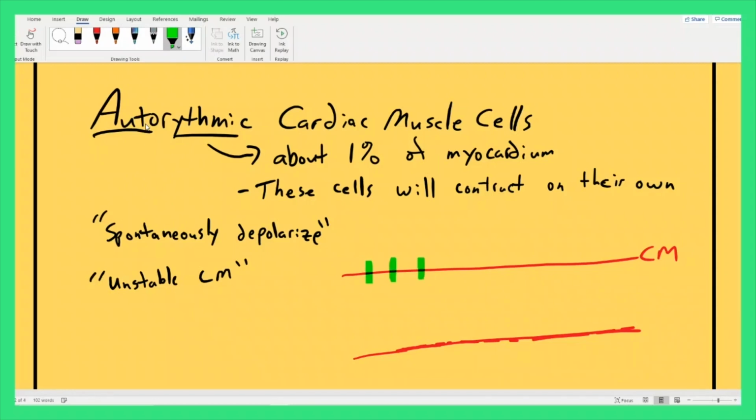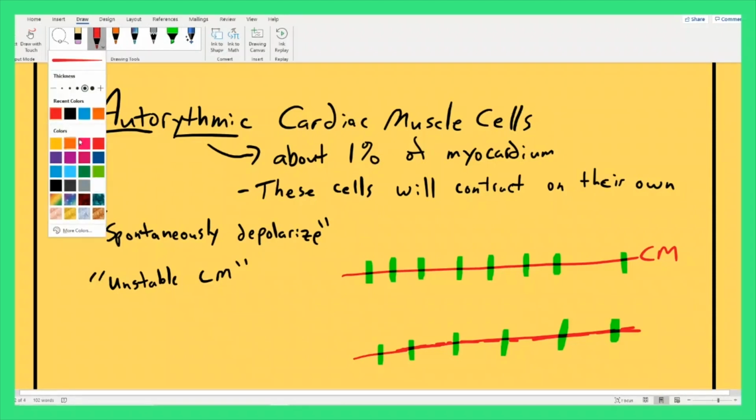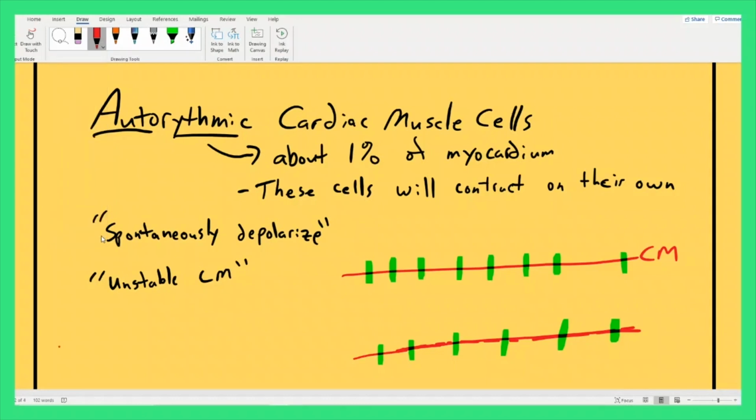We remember that. Channels, tunnels, receptors, all that sort of stuff you've studied in coursework before you ever heard of me. These autorhythmic cardiac muscle cells, their cell membrane, like all cell membranes, has holes in it, channels, tunnels, like that.